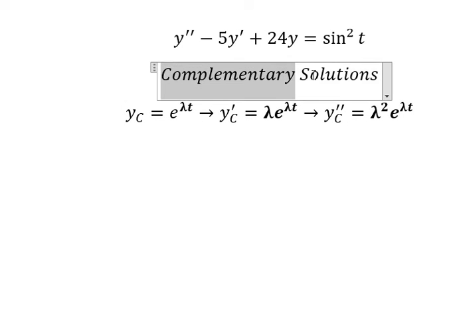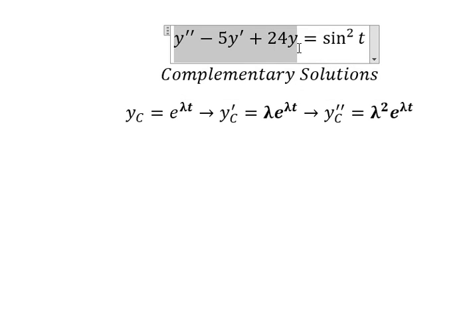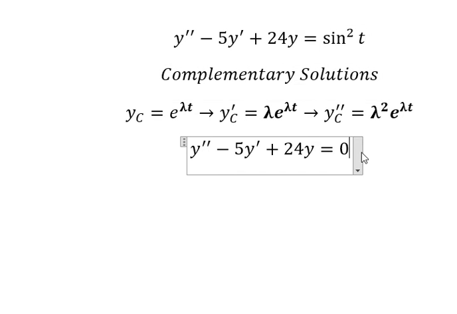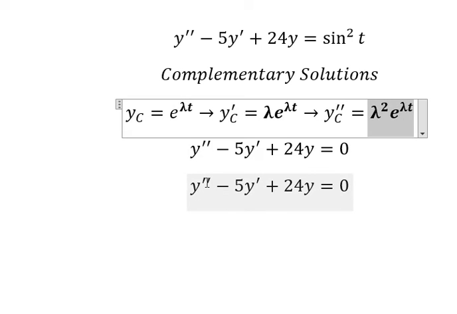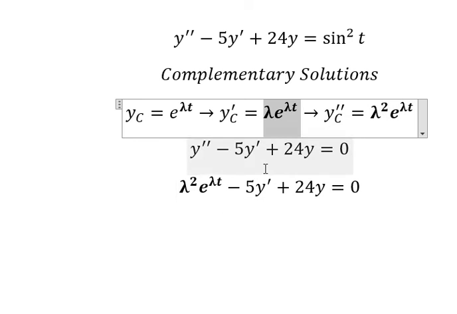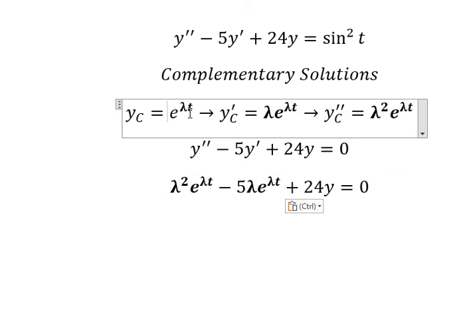So this is about complementary solutions. So we put this one equals to number 0. So I will put this one going here, this one going here, and this one going here.